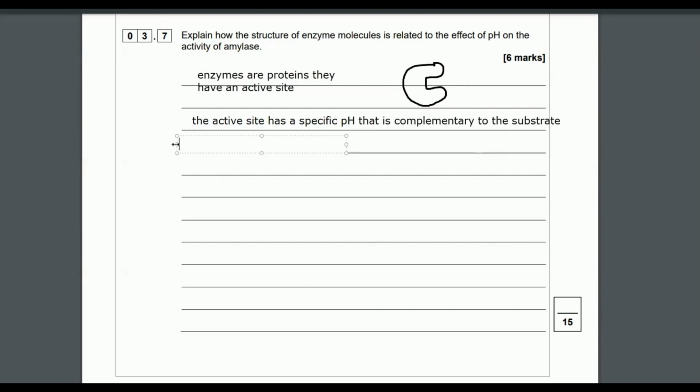What we want to say is, if you prefer, it fits the substrate like a lock and a key. You can say the induced fit model, like a hand in a glove, if you know about the induced fit model. That's a more updated model.